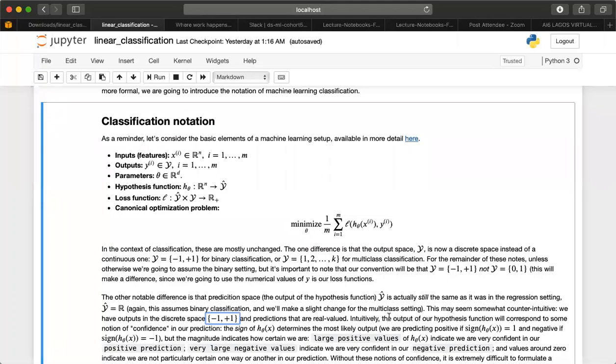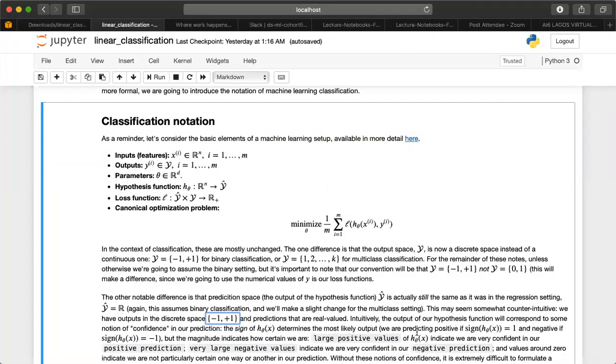Intuitively, the output of our hypothesis function will correspond to some notion of confidence in our prediction. Now listen to this carefully: the sign of H of X determines the most likely output.